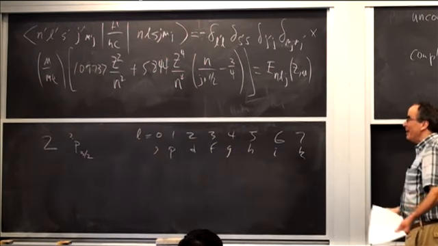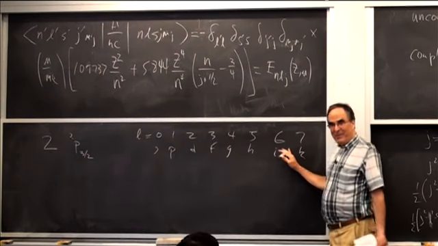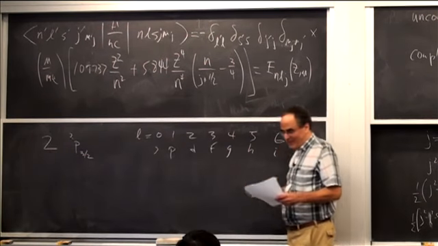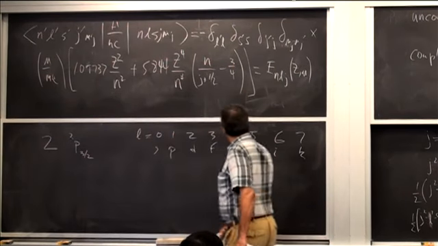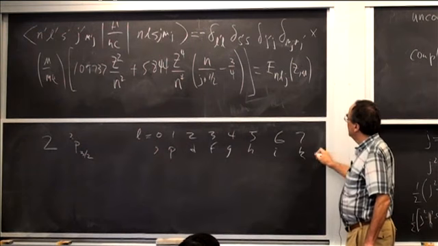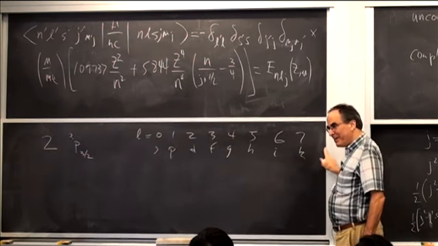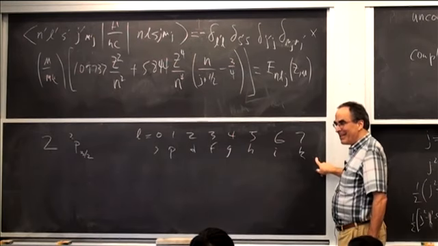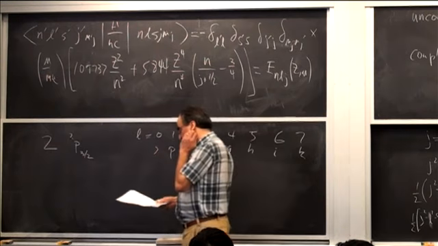Everything in spectroscopy uses the alphabet, except occasionally you have to make a glitch. Okay, so if you're at L equals 8, would that also skip out on N? No, for some reason J is excluded, but you have L states. I don't know why.